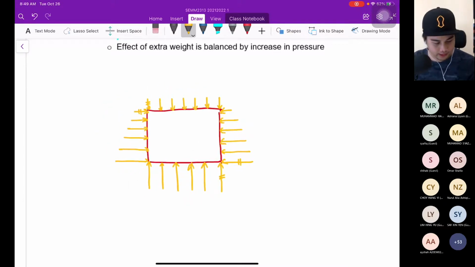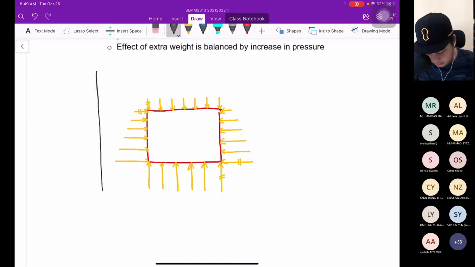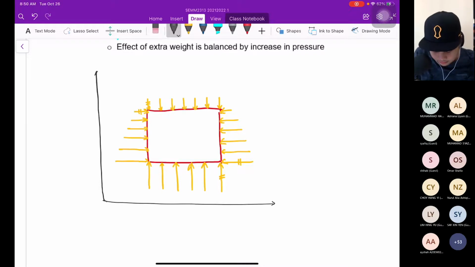And then we need to specify the axis for our calculation later on. Let's say this is Z and this is X. The distance from here is Z1 and Z2, and here, of course, X1 and X2, the locations.